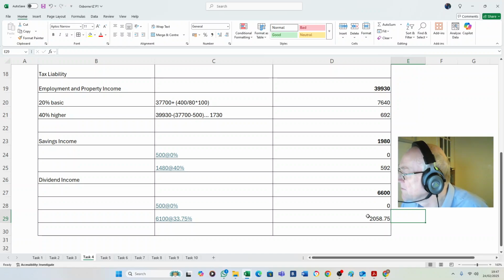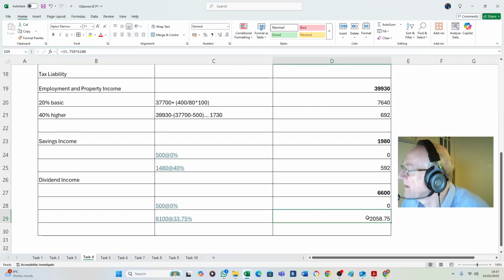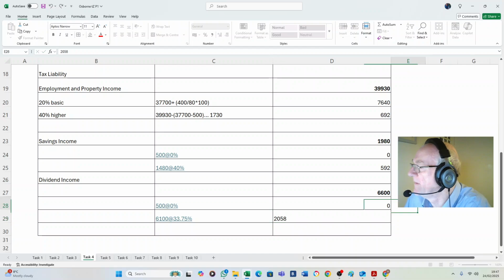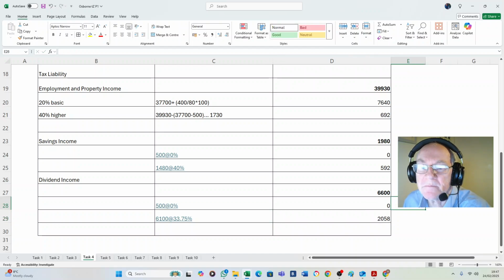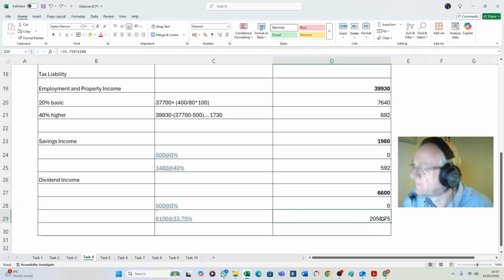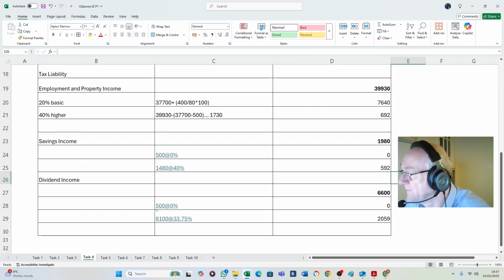Okay, well, we'll leave it as it is. Again, there's rounding down issues, but we'll leave that one in. Oh, actually, the publisher, I'm thinking their answer, I left it as 2059.